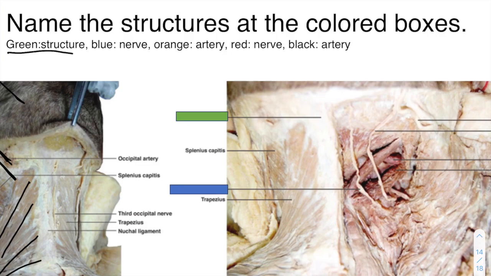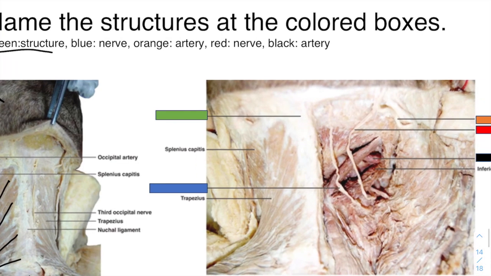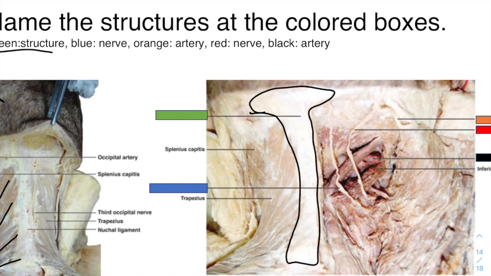In green, anything in green is a structure. So this arrow is probably pointing at this band of connective tissue, because a structure is going to be a bone or connective tissue, and you can rule out that it's an artery, a nerve, or a muscle.